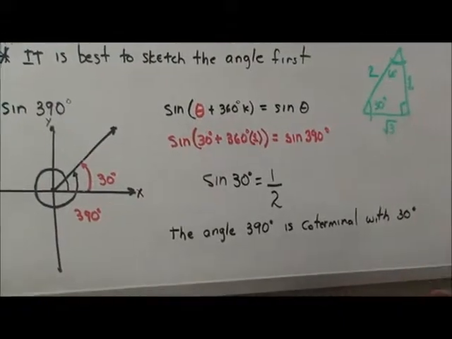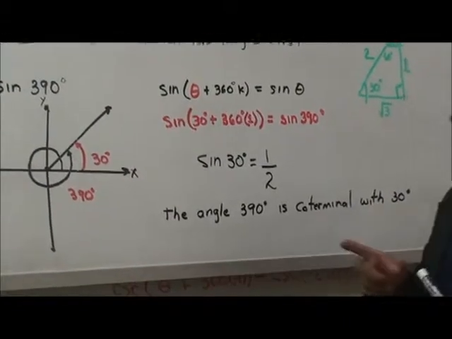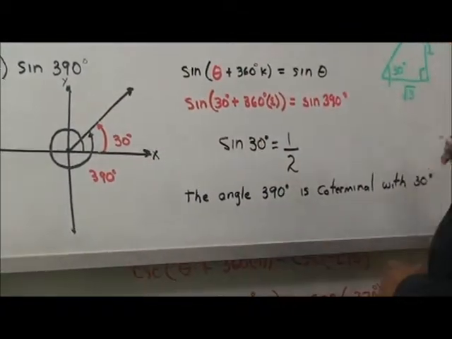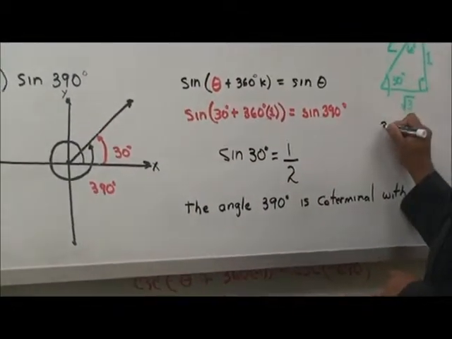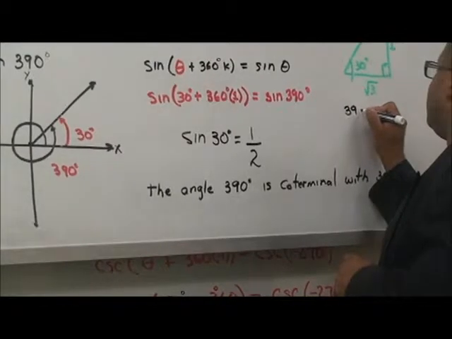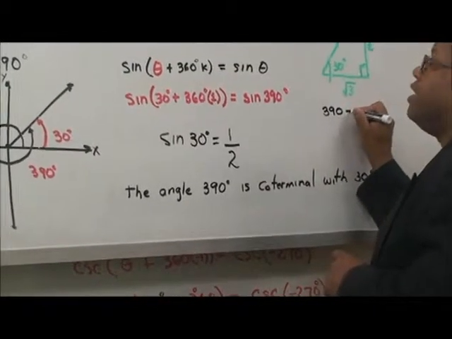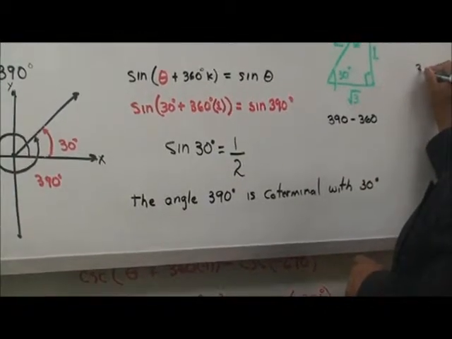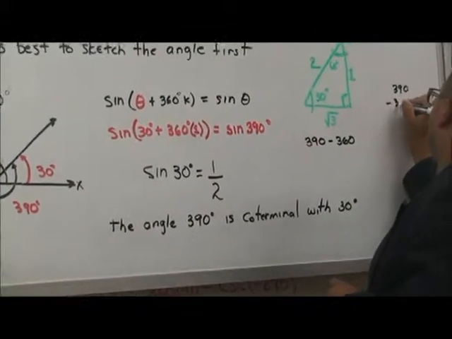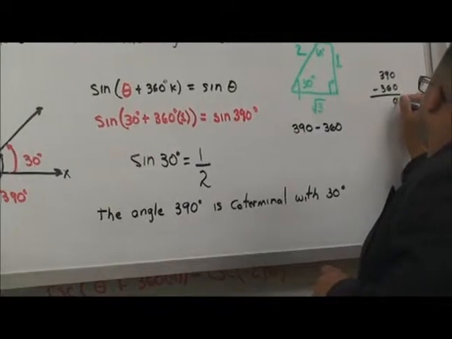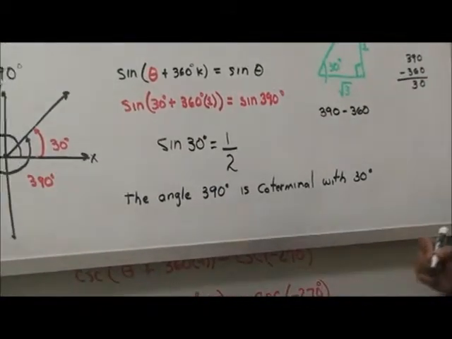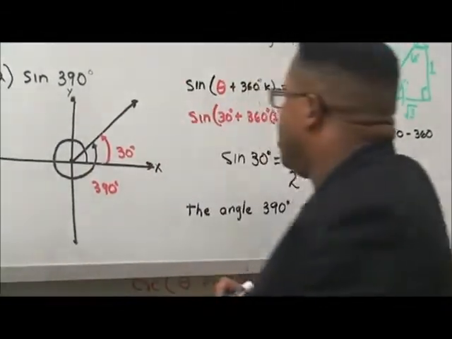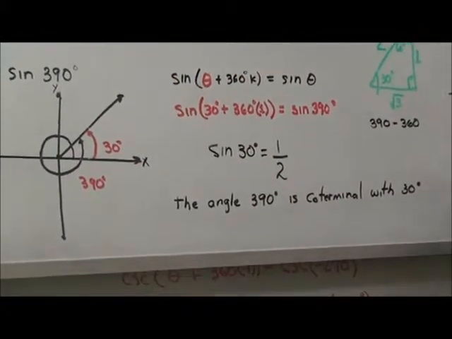Since 390 degrees is much larger than 360, you can say 390 minus 360. What do we get? We get 30 degrees, from here to there, in the first quadrant.